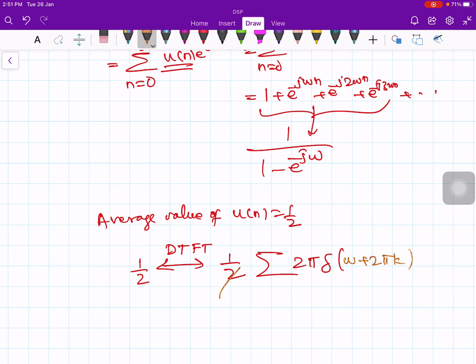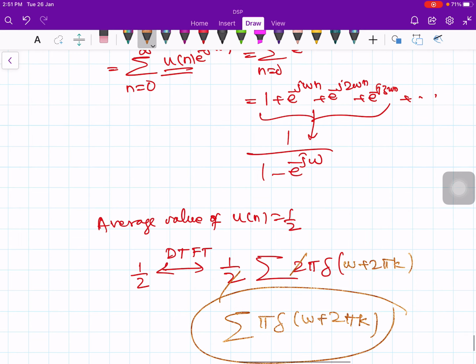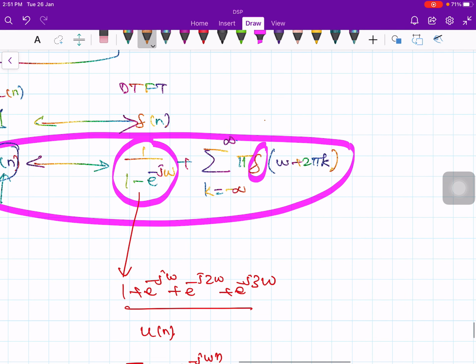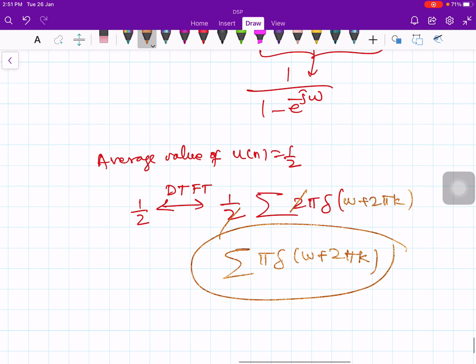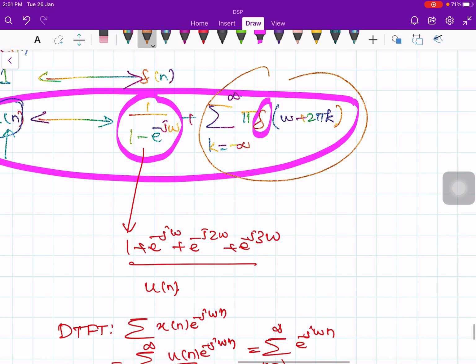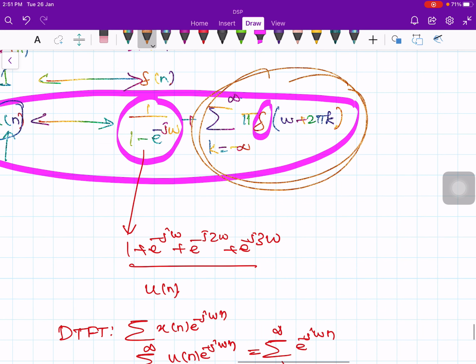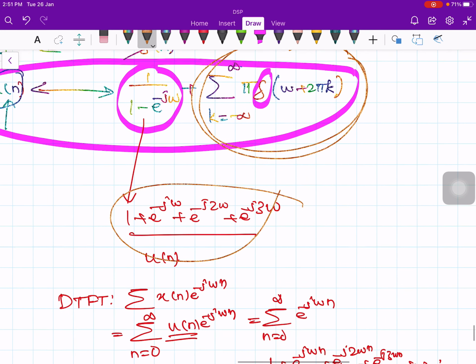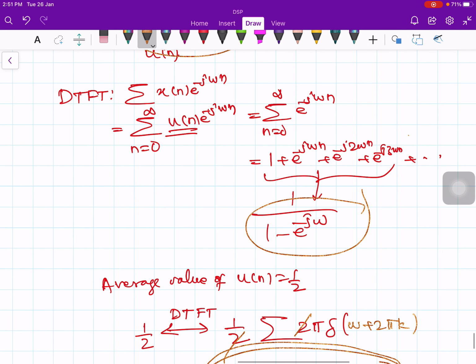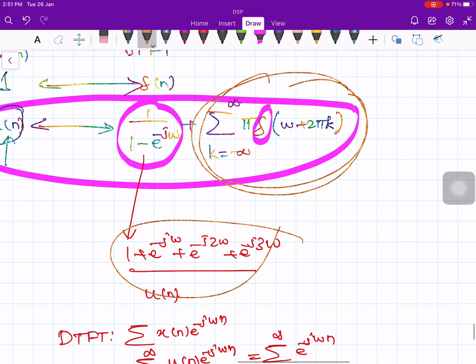This 2 and that 2 will get cancelled. You will get summation of pi delta of omega plus 2 pi k. This is exactly what you got here, and this infinite sequence we got from here is there here.